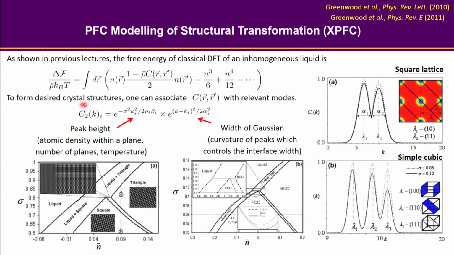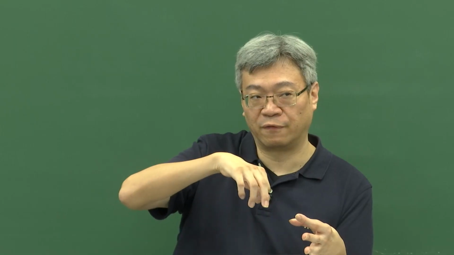So for C2, if you want to have a proper description of C of K, you need to assign the height of each peak. The other part is how broad, or what the width of the Gaussian function is. So the way they put this correlation information is simply in this form. And it's a feature that in real space, if you do an MD simulation, you know that in your solid, the atoms are going to fluctuate around.